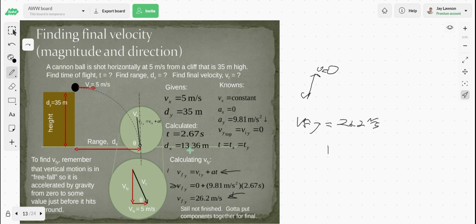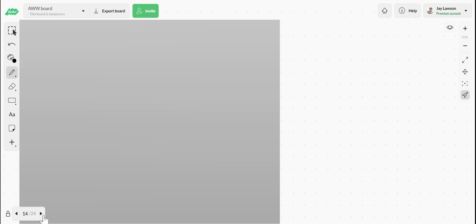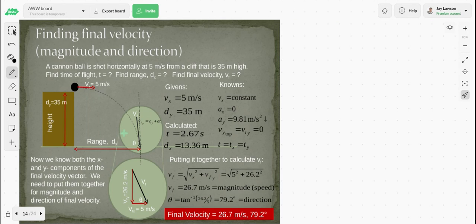Sorry. It's not enough to solve the problem, because now we have to put this together and do a little trig and find the final velocity, the magnitude of this hypotenuse here. So let's think about, I want to draw my vectors, my horizontal and vertical final velocity vectors.